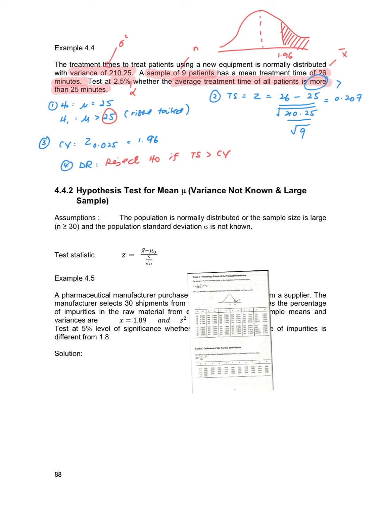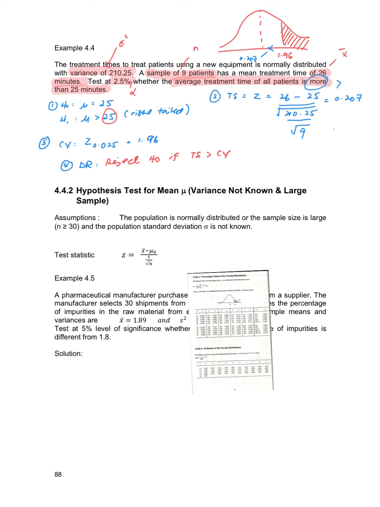So by looking at our rejection region, we compare the test statistic and the critical value. We can see that 0.207 does not fall in the rejection region. Let's say 0.207 is here. It does not fall in the rejection region, so we fail to reject the null hypothesis.